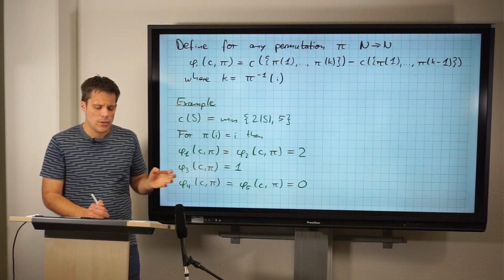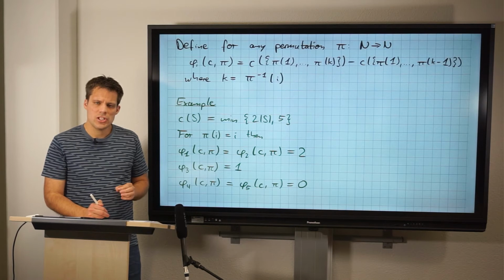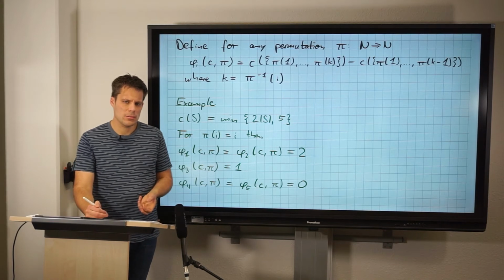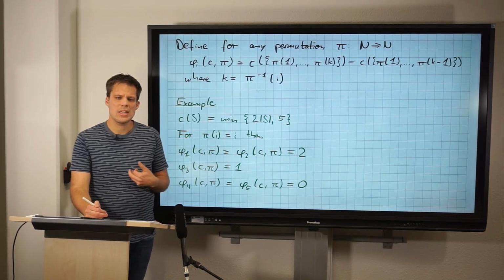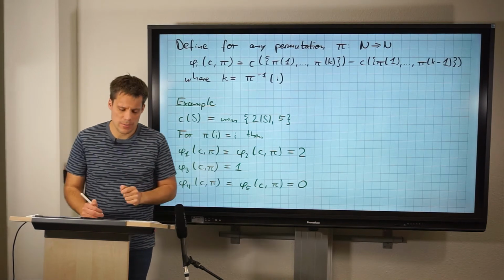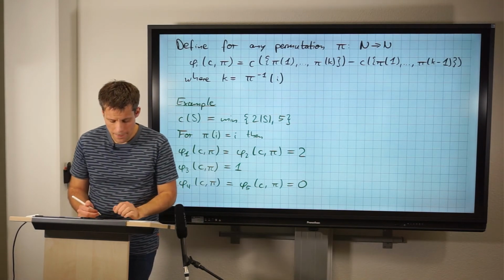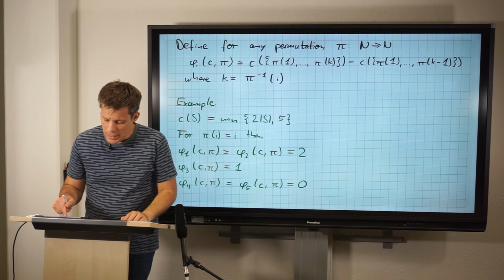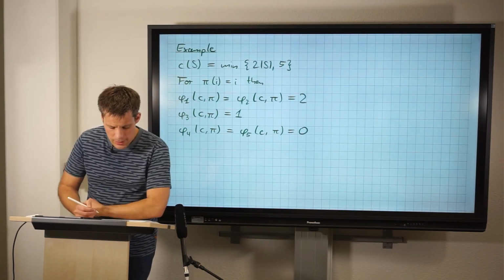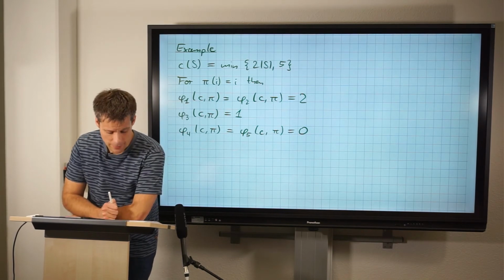And the point of the Shapley value is just to try out all possible permutations and just take the average of all these functions over all possible permutations. And by this, we will then also ensure that this symmetry condition is fulfilled.